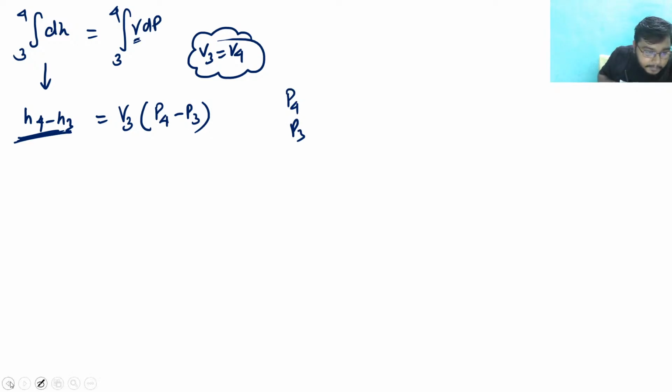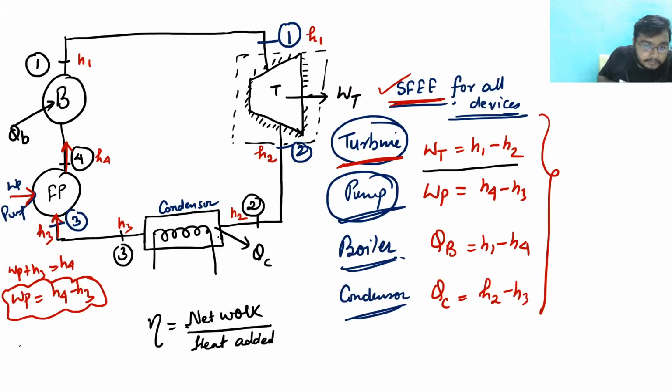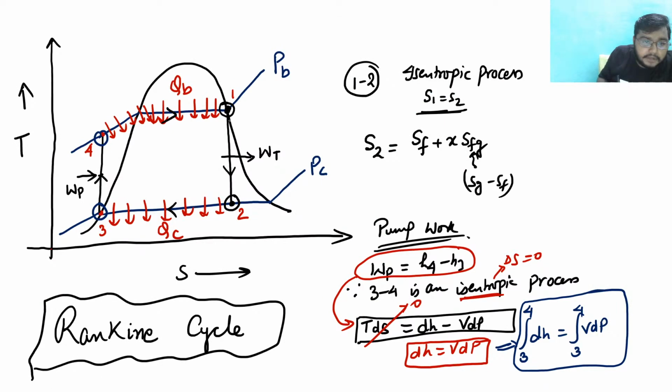See in this diagram, P4 is, see, this is the fourth state, and this P4 is nothing but boiler pressure. This is the third state, so the third state is nothing but the condenser pressure.